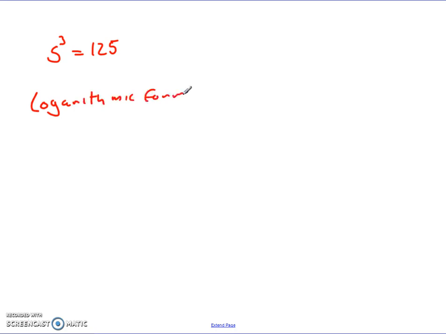Now remember, something that's written as y equals log to the base a of x is wanting to know what power of a gives me x. So in this case, writing this in logarithmic form, I use my base here and I want to know what power of 5 gives me 125.